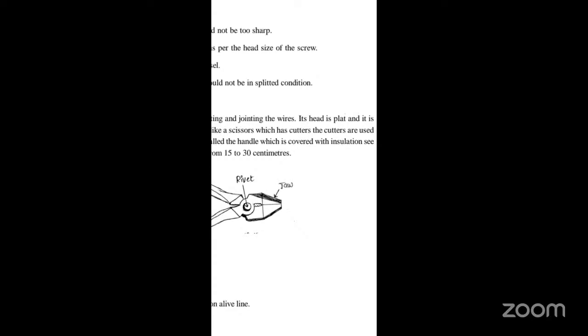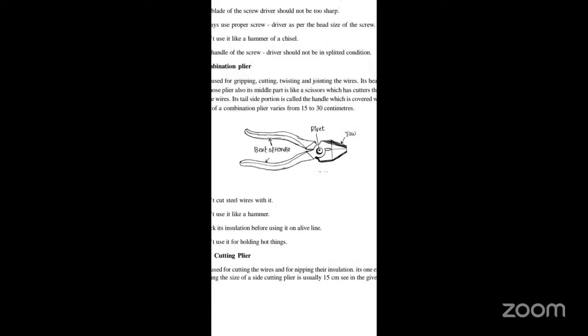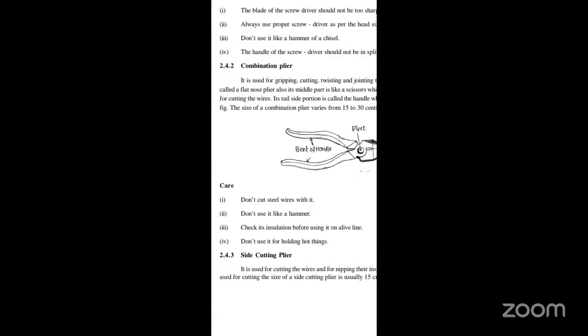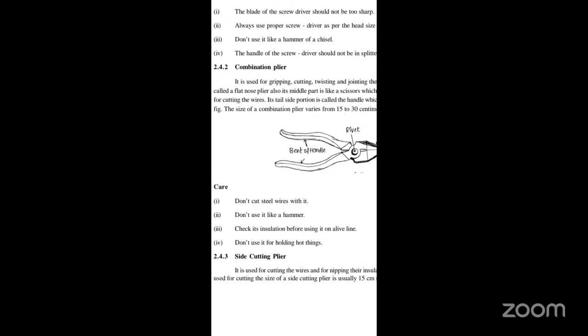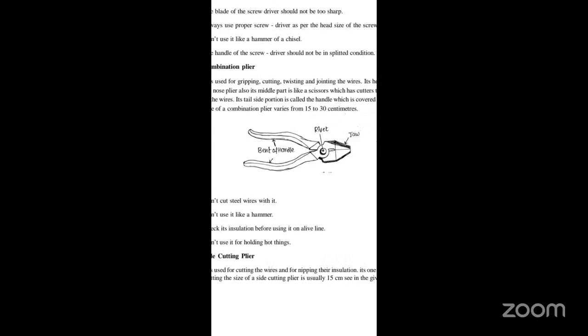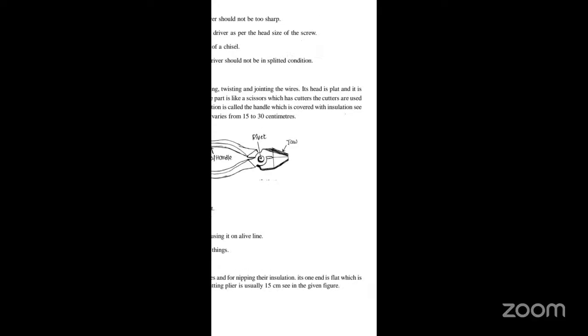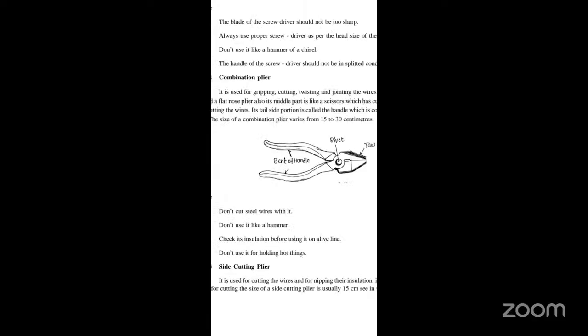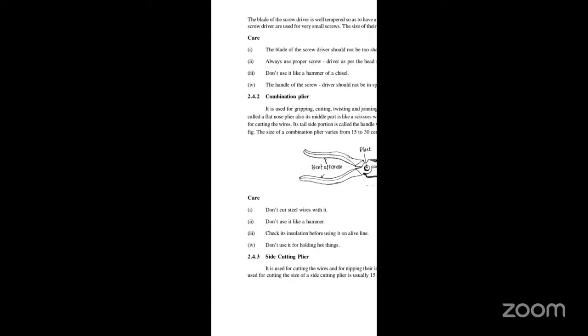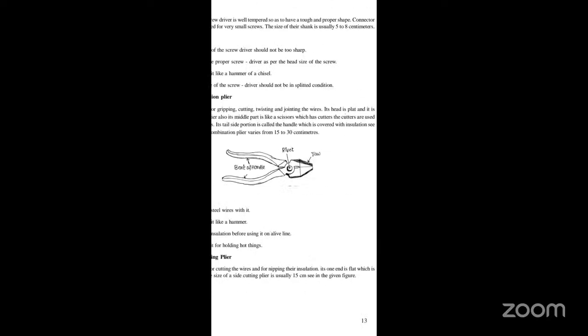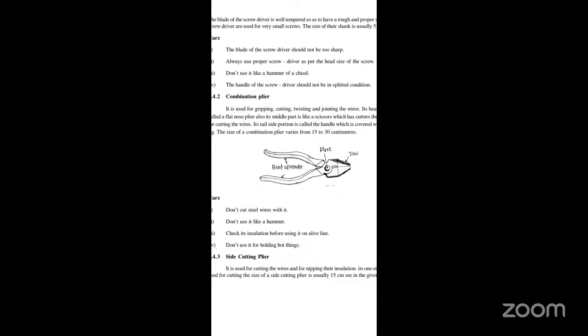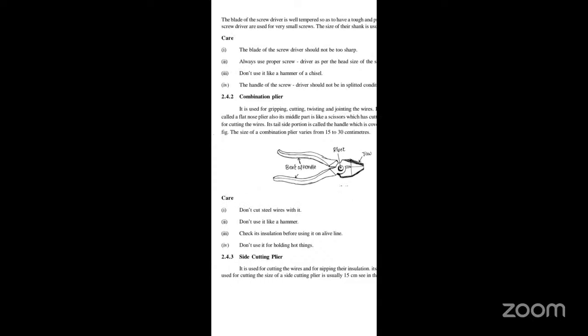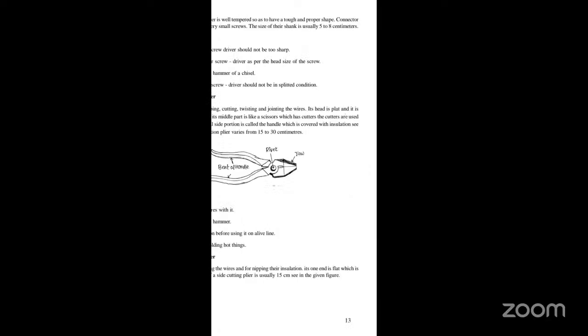Its head is flat and it is called a flat nose plier. Also, its middle part is like scissors which has cutters. The cutters are used for cutting the wires. Its tail side portion is called the handle, which is covered with insulation.